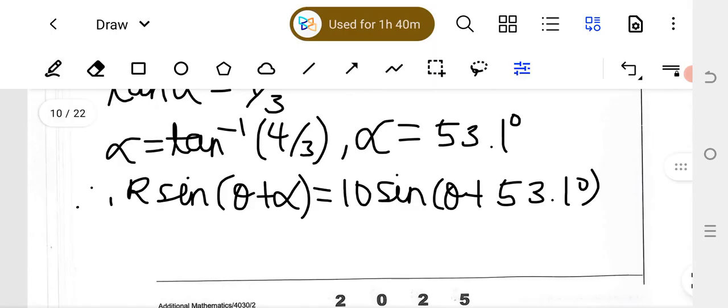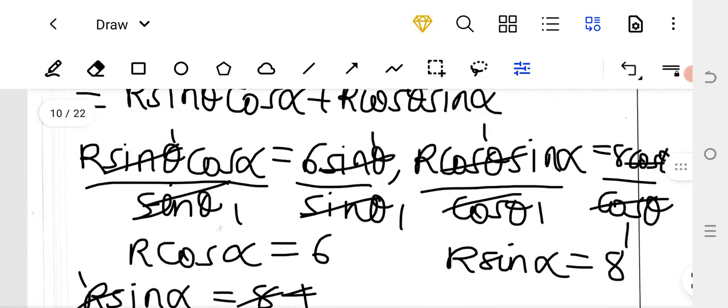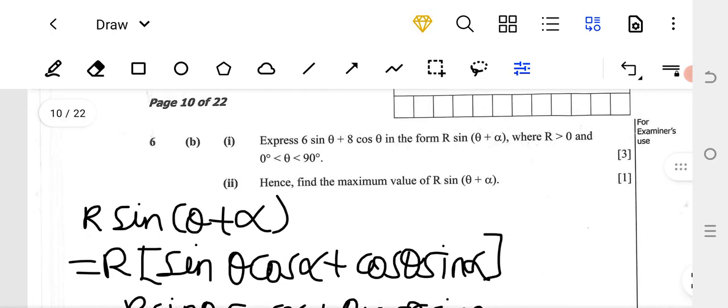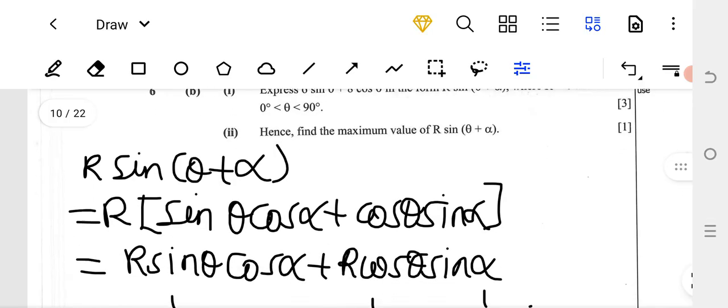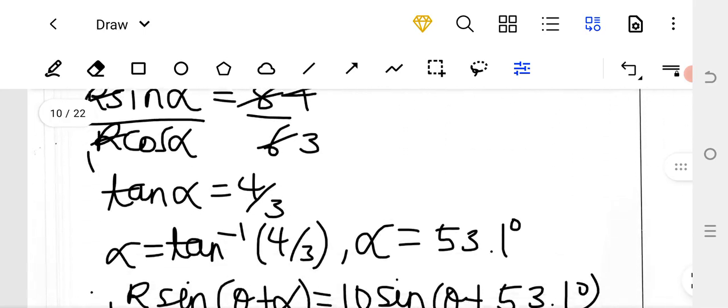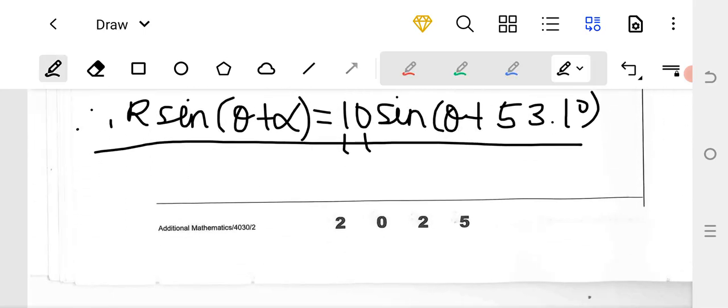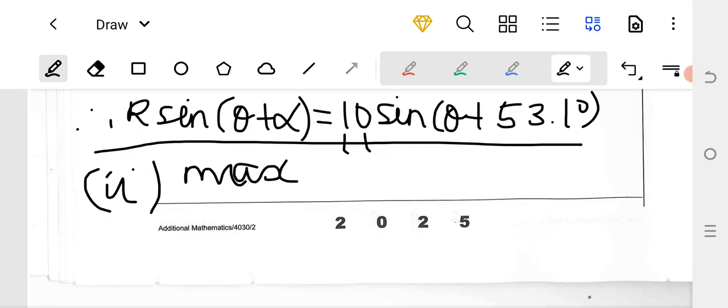But remember, this question was carrying 3 marks, and then they said hence find the maximum value of r sine (theta plus alpha). So for the second one, the answer would simply be maximum. All right, is that how you write maximum?